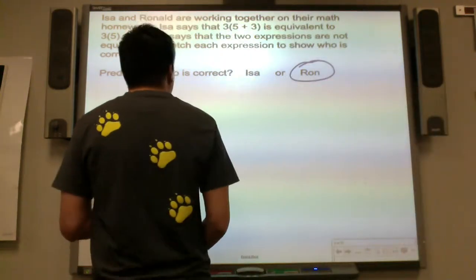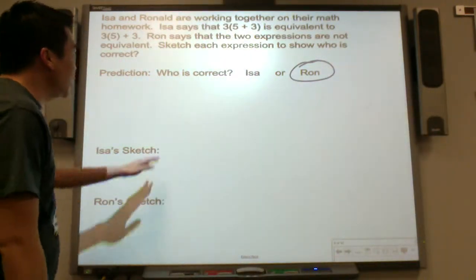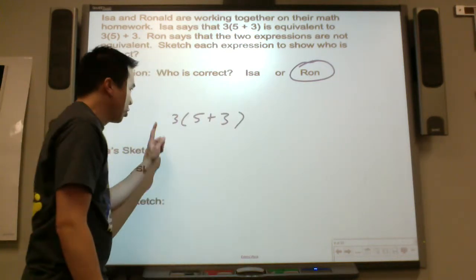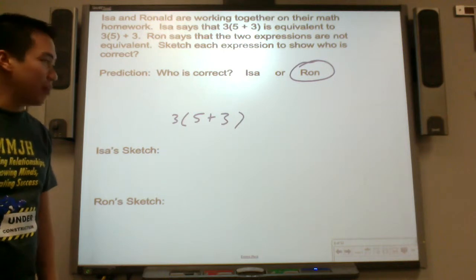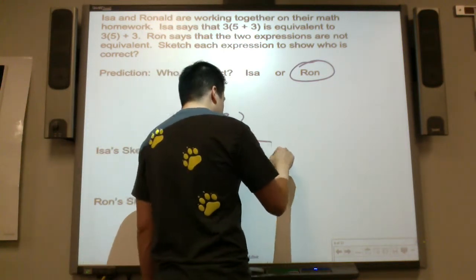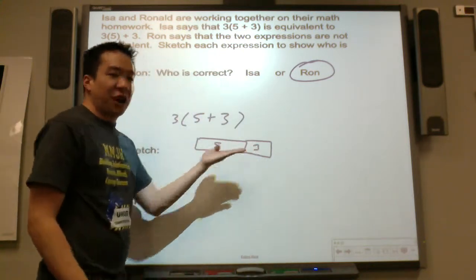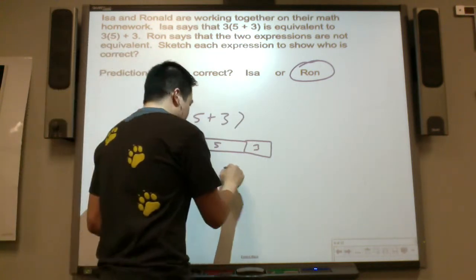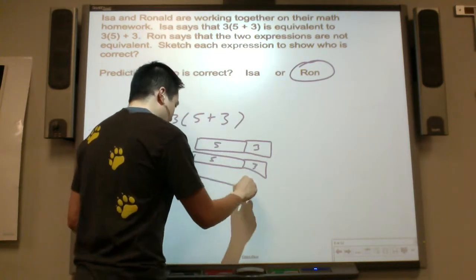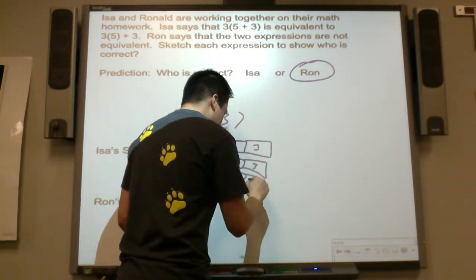So Isa said there are 3, so Isa is this one. So it's 3 groups of 5 plus 3. So this shows 5 and 3. This also shows 5 and 3. This also shows 5 and 3.